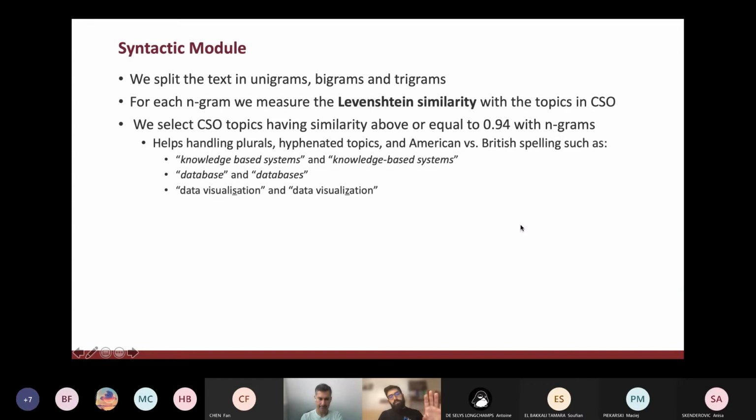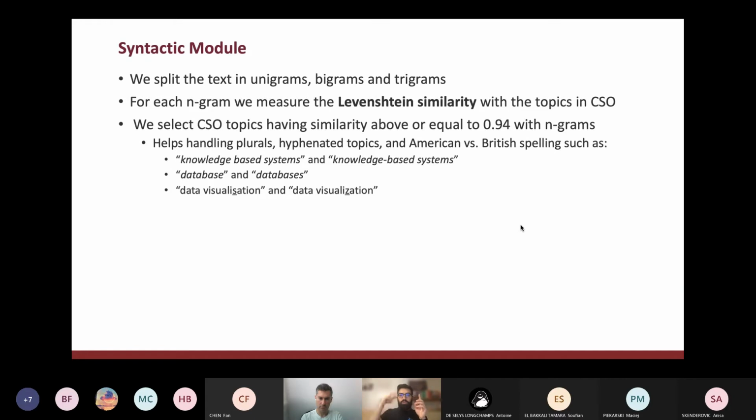So very briefly, the syntactic module, as the term suggests, is like a piece of software that goes into the text and identifies topics that are explicitly mentioned in the text. So that's why it's a syntactic match. What it does is parse the text, and then split it into n-grams, so parts of text that consist of one word, two words, and three words, and then it maps them.